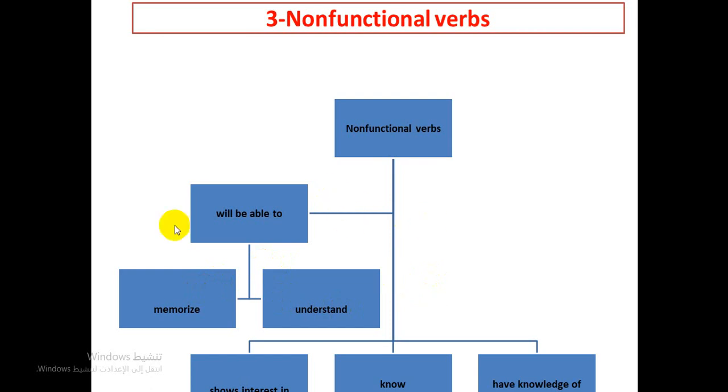For example, will be able to memorize, to understand, to show interest, and to know, have knowledge of. These verbs can't be measured. So, it's very necessary to avoid using them while you are writing the objectives.